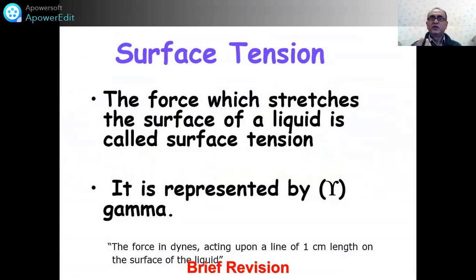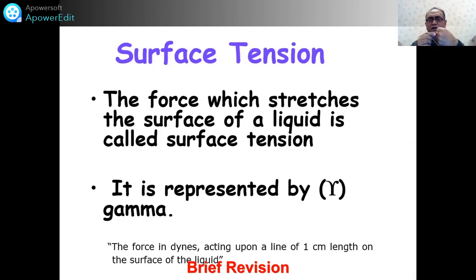I told you that we can divide all the molecules into two categories: one at the surface of the liquid, the other not at the surface but in the bulk, in the middle part or in the interior of the liquid. The molecules in the interior of the liquid experience balanced forces.